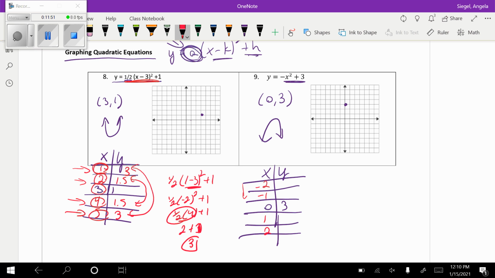That's where I'm getting this one, and then I can automatically fill in this one. My next step is to plot the points that I found. Once you've plotted the points, we connect the dots so that it makes a nice rounded parabola, and notice the arrows on the ends. So go ahead and do problem number 9.